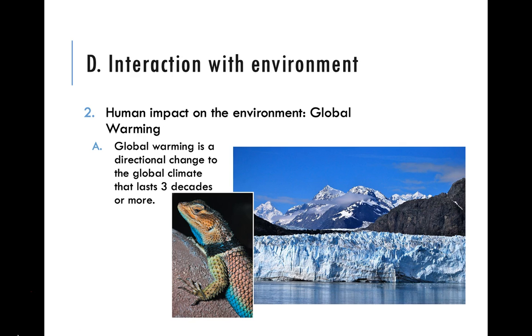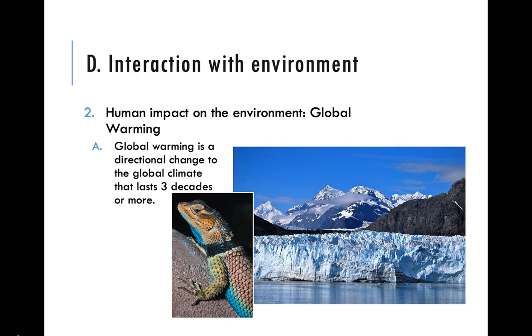So humans also have a huge impact on the living organisms around them. One example of that is global warming. This is a situation where humans have driven this change to the global ecosystem, caused this increase in temperature, and there are a variety of reasons for global warming.